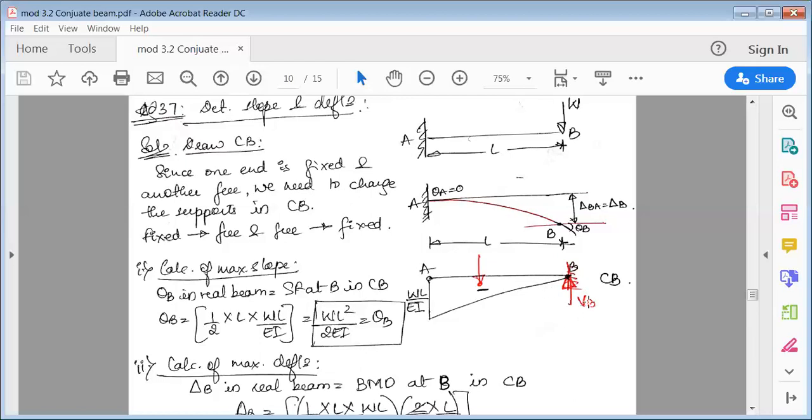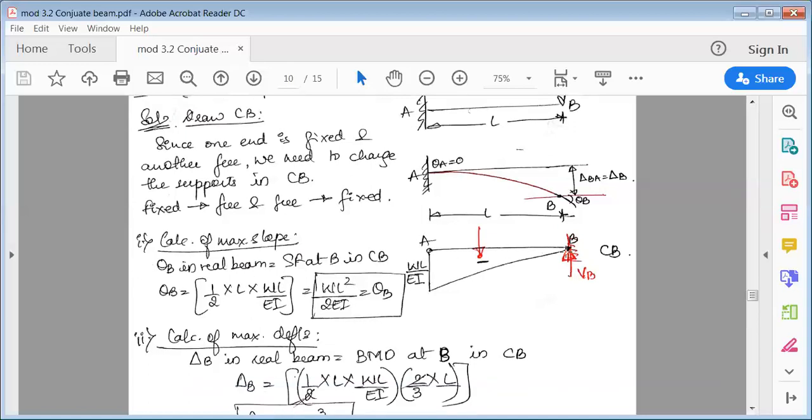The shear force only acts vertically, so we show this fixed support, and then only show the vertical force, that is VB. So VB is nothing but the shear force. Okay, so once you show this, next is as usual, calculate the maximum slope and deflection.